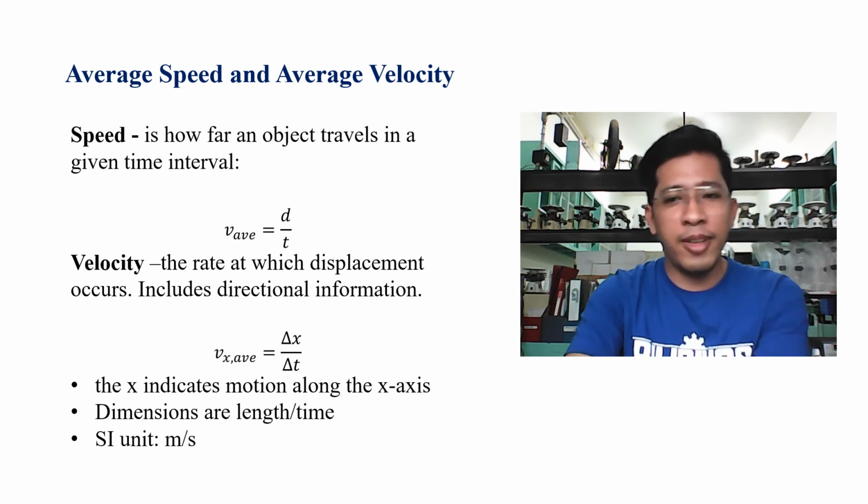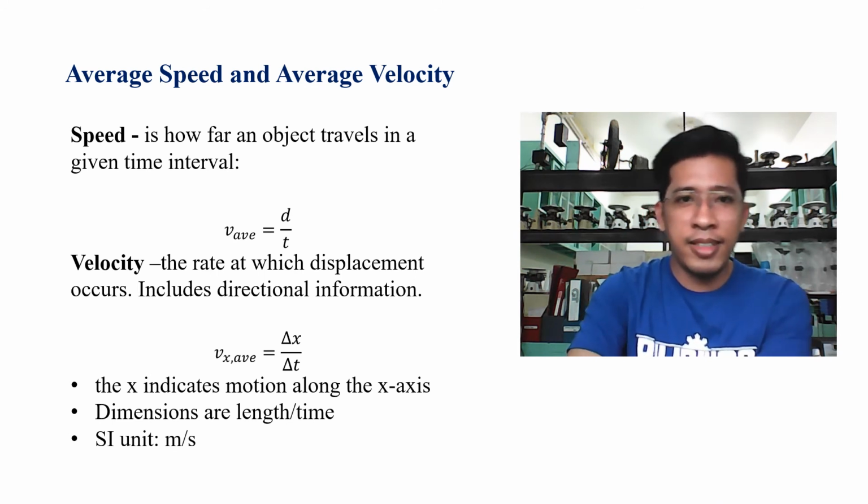After talking about distance and displacement, let us talk about average speed and average velocity. When we say speed, this is how far an object travels in a given time. Mathematically, your average speed is equal to distance over time.